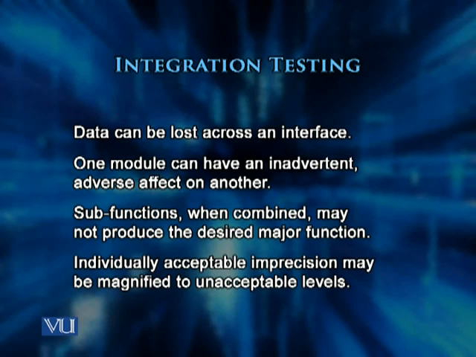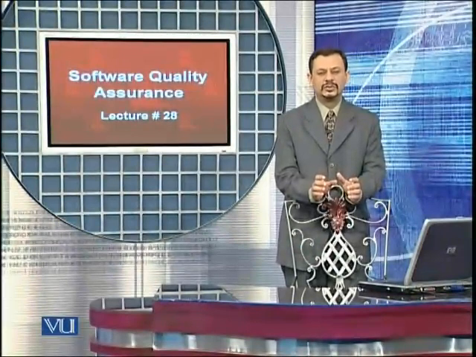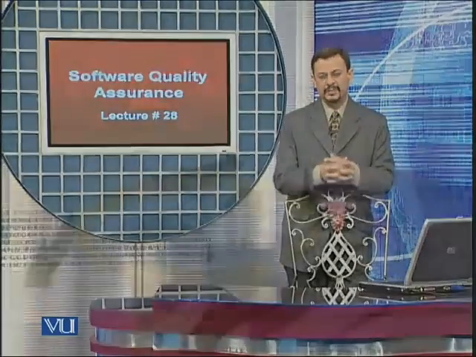That is, if we have individual components and they produce results which are in tolerable ranges, but when they are combined together, they start producing results which cannot be tolerated or are way out of the acceptable range.